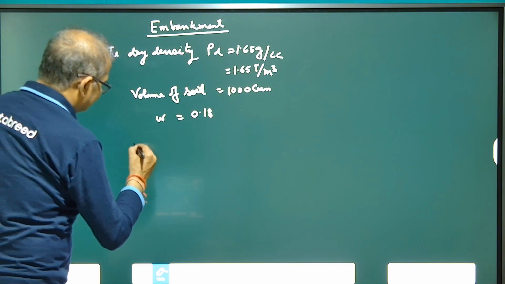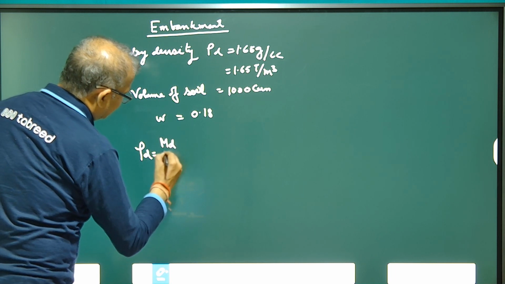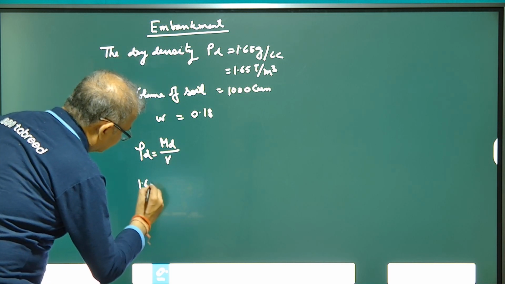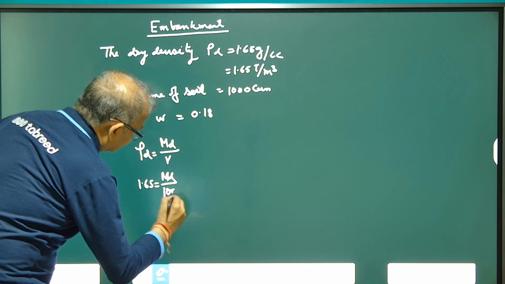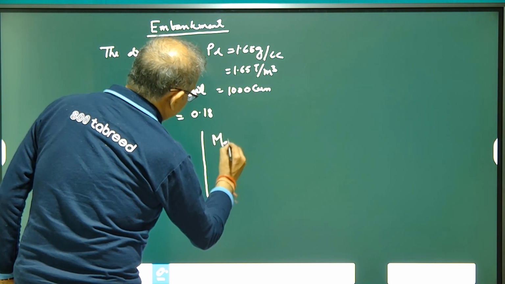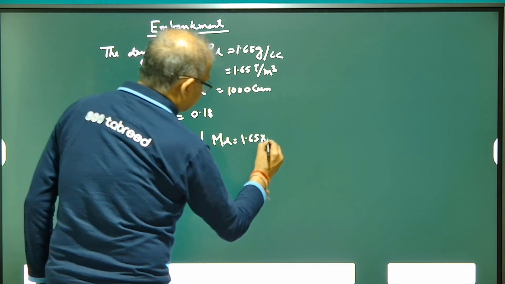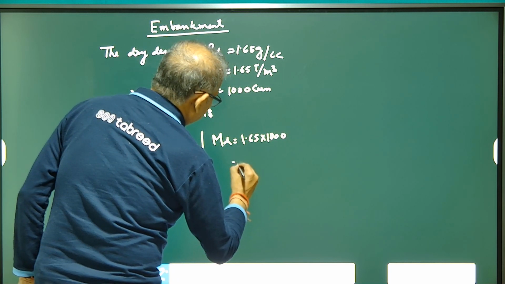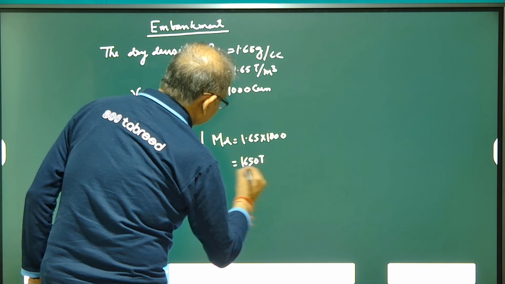Now we know the relationship: dry density rho d is mass of dry soil upon volume. Rho d is given 1.65, the mass of dry soil we need to determine, and volume is 1000. So mass of dry soil will be equal to 1.65 into 1000, which is 1650 tons.